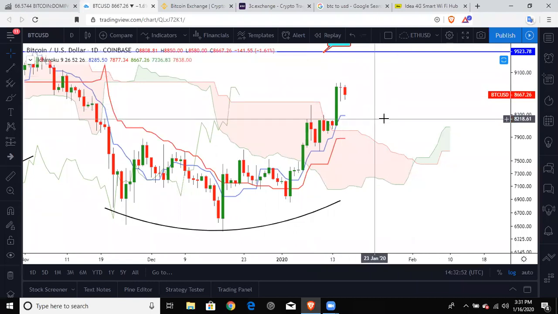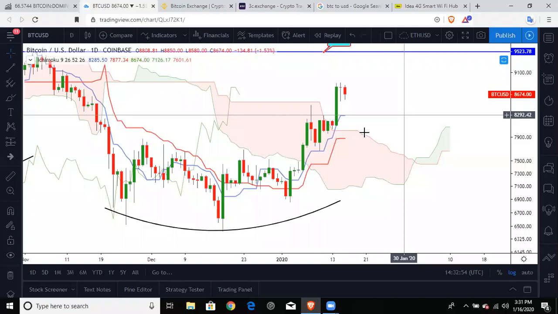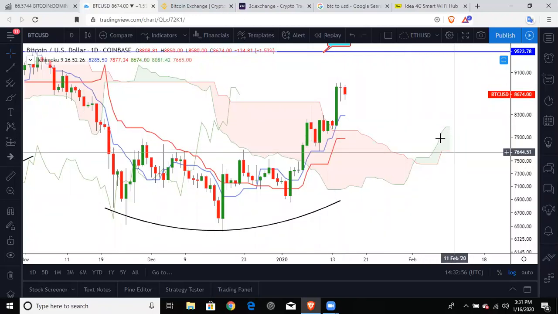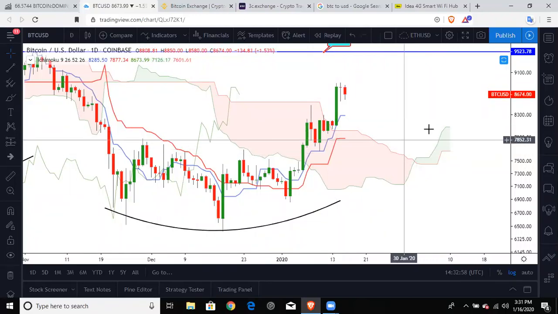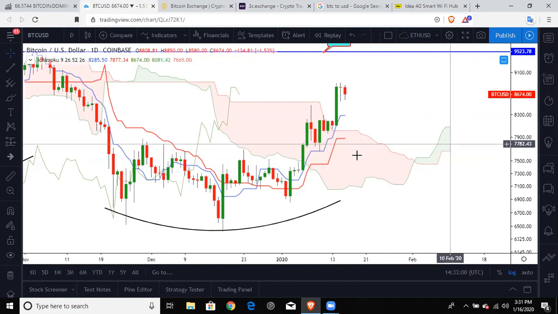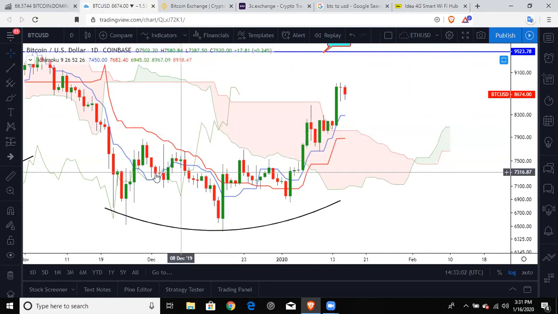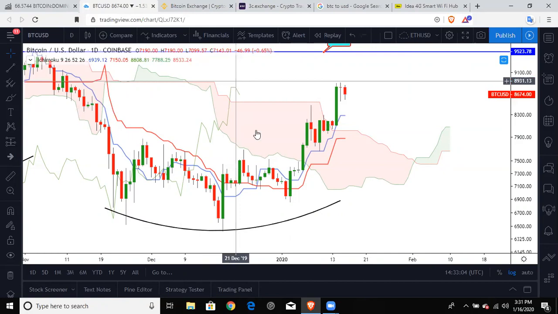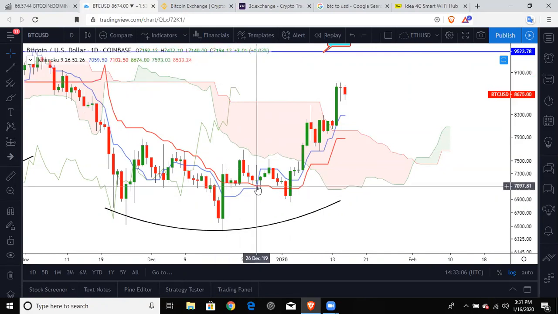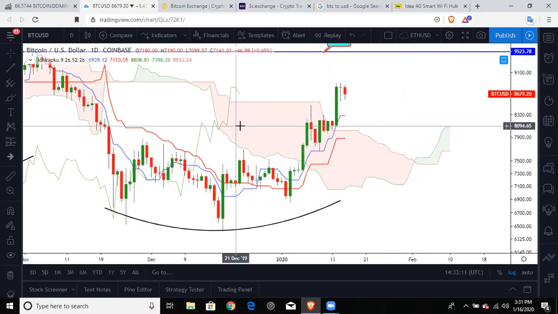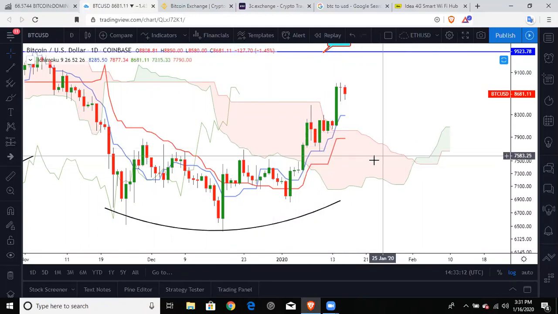Pretty fast, what I'm seeing here, we're having the future cloud, like I said, 26 periods in the future, is bullish. The Chikou span is above the price and above the cloud, bullish. We had the TK cross bullish here, and we wanted price to leave this area of turbulence.